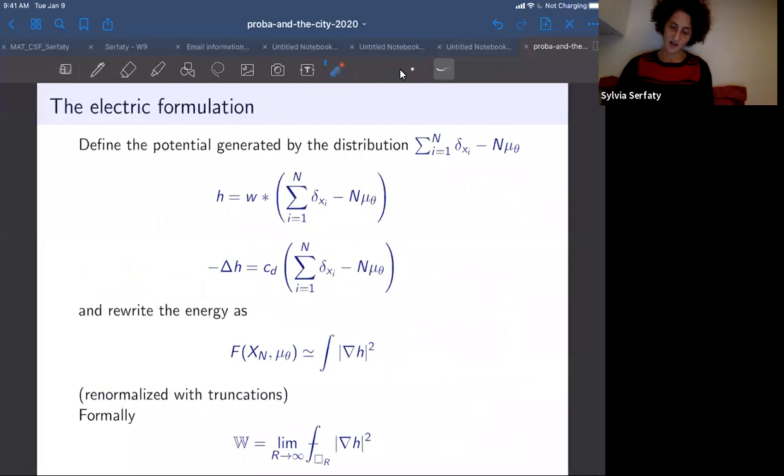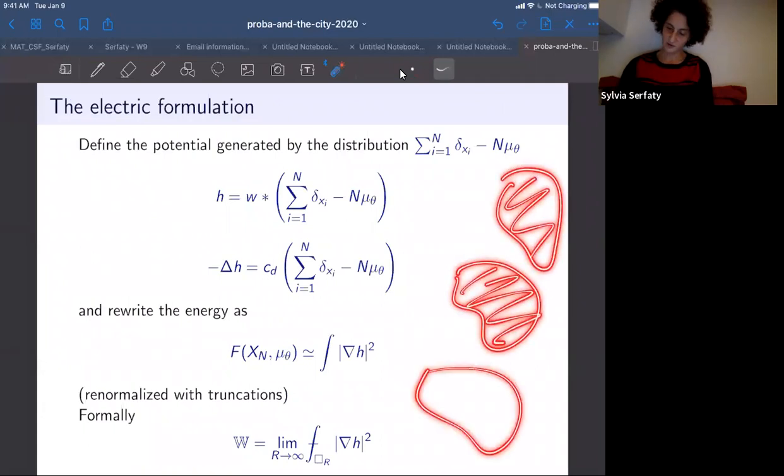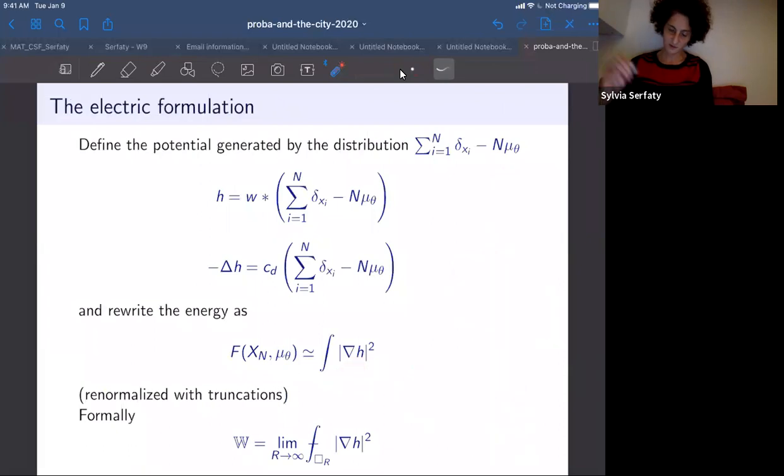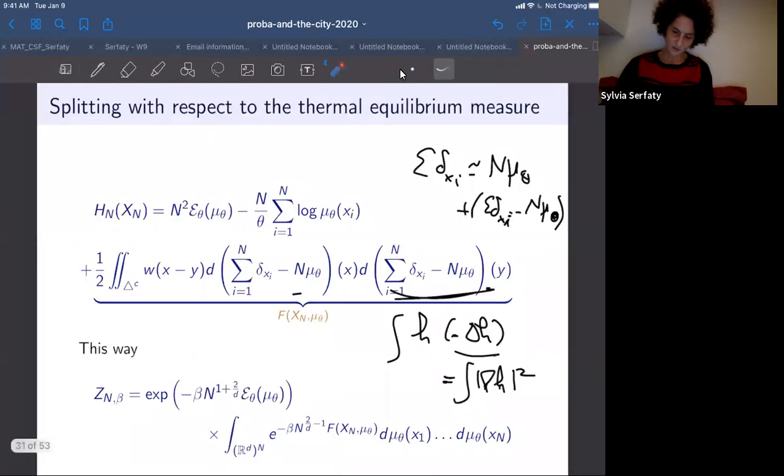And now that's kind of nice because you replace a sum of pair interactions by just a single integral. Instead of having double integrals, you get single integrals, and you can start to look at what is the energy in a piece of space here or here. Except that this is sort of cheating because of the problem of removing the diagonal.